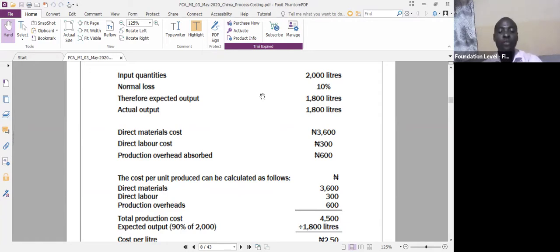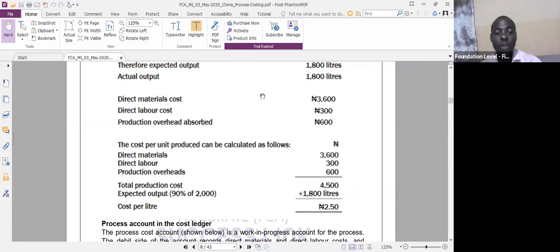Now, how do you value the expected output? If you look at it, 90% is what we are expecting because 10% has gone through the normal process. So 90% of 2,000 gives you 1,800.